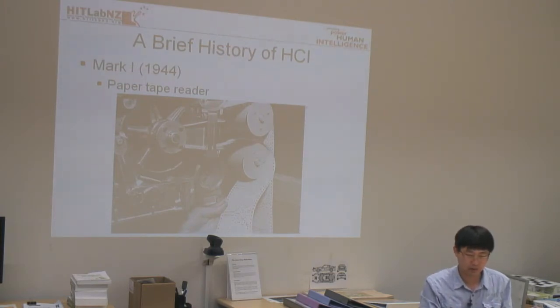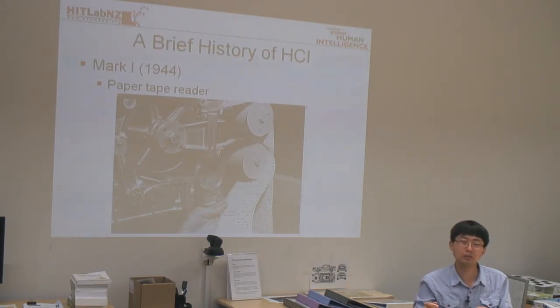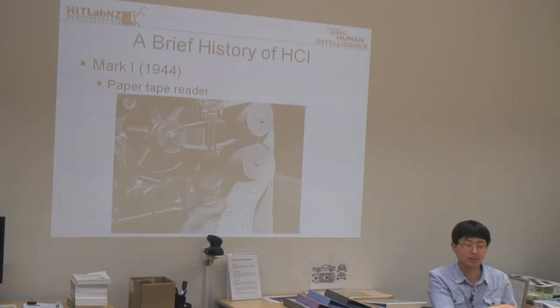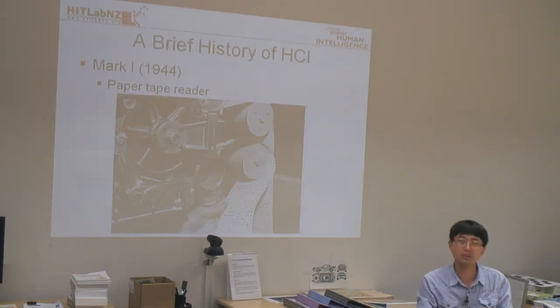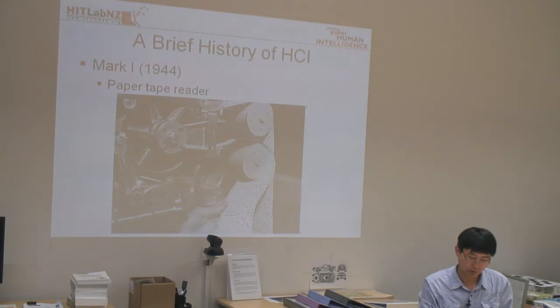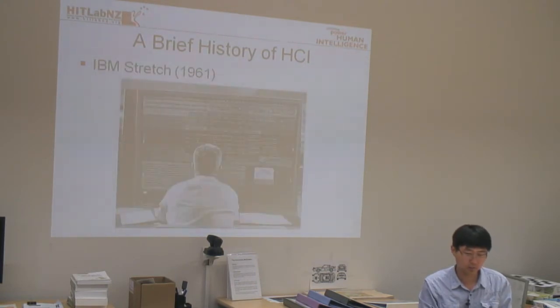At this stage, it was not really interactive, so to say. You punch your paper or mark your paper and then throw it to the computer. It runs it and gives you back some results, days or hours after. But later on, it evolved into a more interactive way.